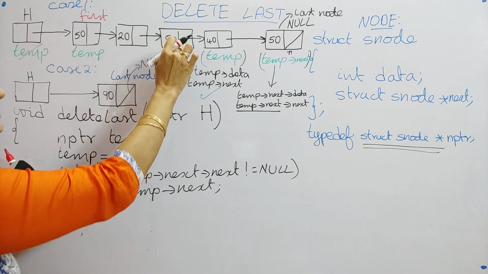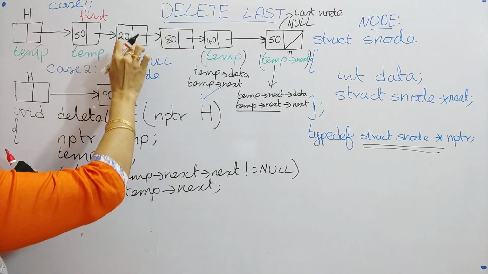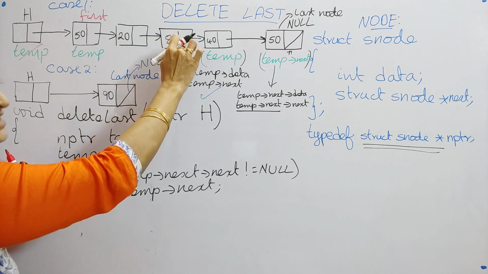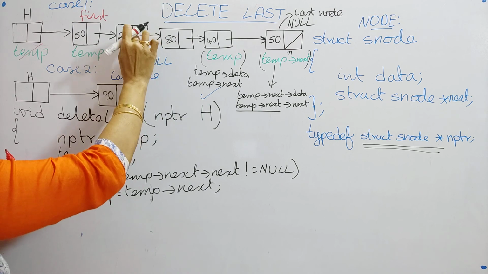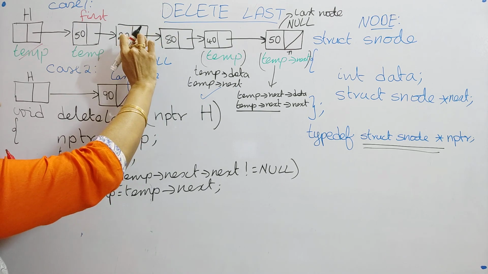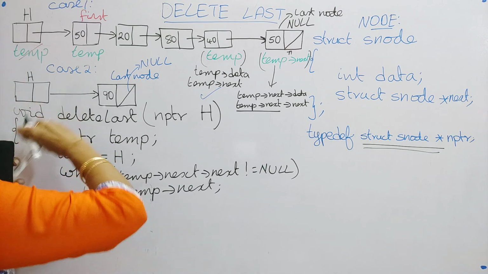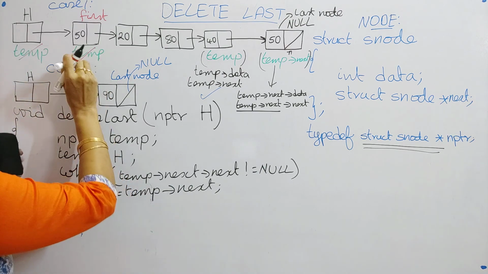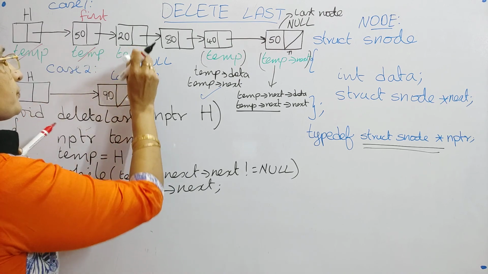Is it equal to null? No. So temp next is this one, and temp next means this one. Is it equal to null? No, it is not equal to null. Again the condition is true. Again the temp will be moved from here to this location.